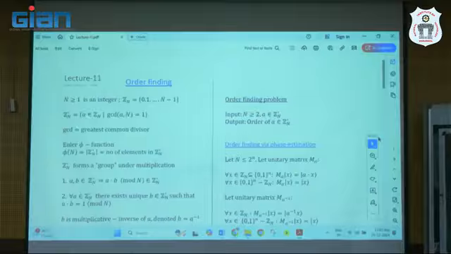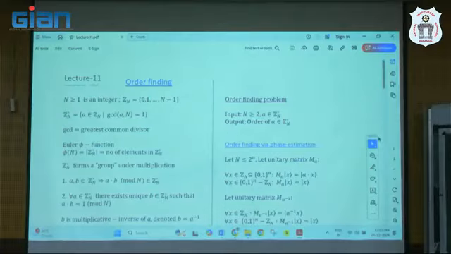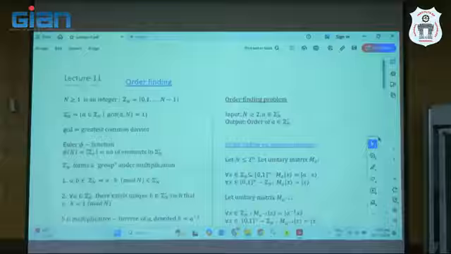The set Z star n is the set of integers A in Zn which are co-prime to capital N. The Z star n forms a group under multiplication, which means that for any A in Z star n, there is a smallest r so that A to the power r is 1, and that r is the order of A in Z star n.